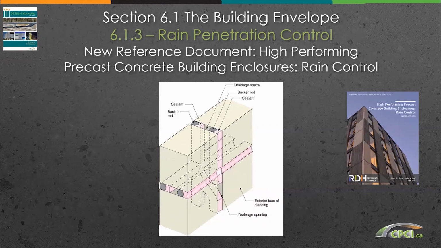The system is characterized as a two-stage joint where a combination of backer rod and sealant is applied from the outside, creating a drainage space in the vertical and horizontal joint of the system, which is drained at the front. In general, the inner seal should be held back at least 25 millimeters or 1 inch behind the backer rod of the outer seal to create a well-ventilated air gap.